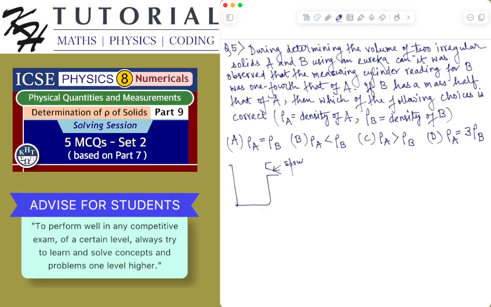The can can contain water or any liquid. When this Eureka can is completely filled, the level of the liquid inside it will be at the level of the spout.